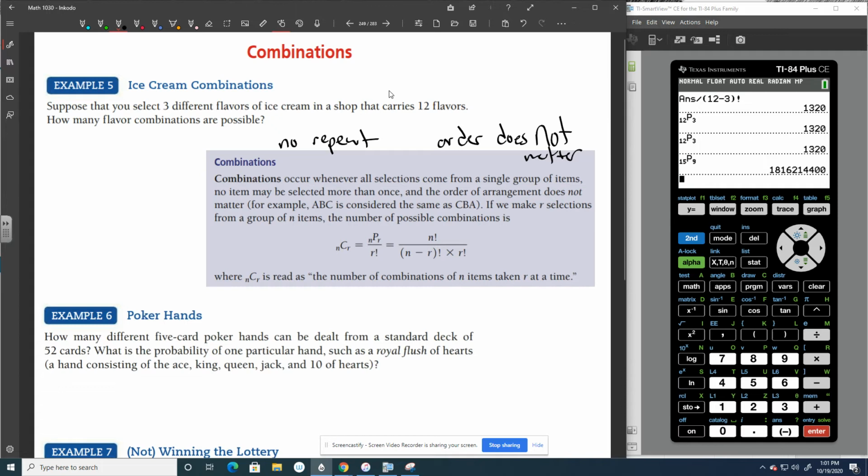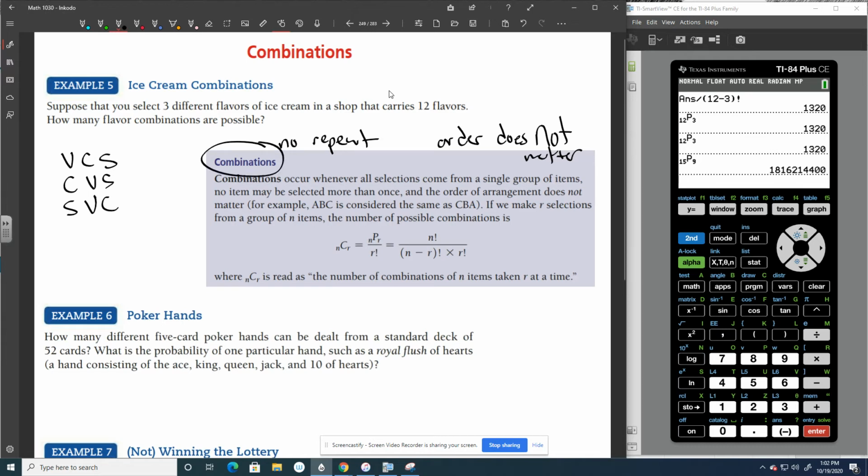In this ice cream combination problem, you're going to select 3 different flavors of ice cream out of 12 flavors. But if I choose vanilla, chocolate, and strawberry, that's the same as choosing chocolate, vanilla, strawberry. That's the same as choosing strawberry, vanilla, chocolate. The order doesn't matter because I'm just choosing 3 flavors.